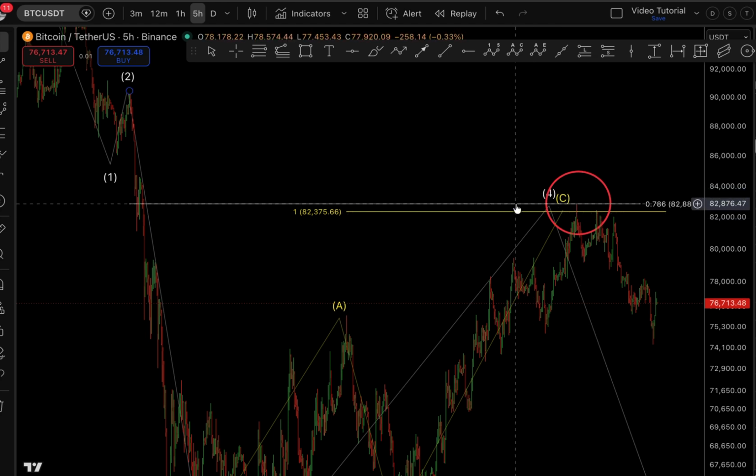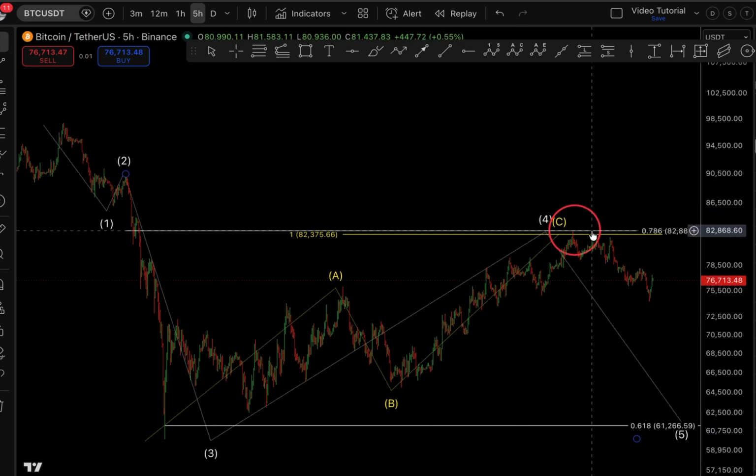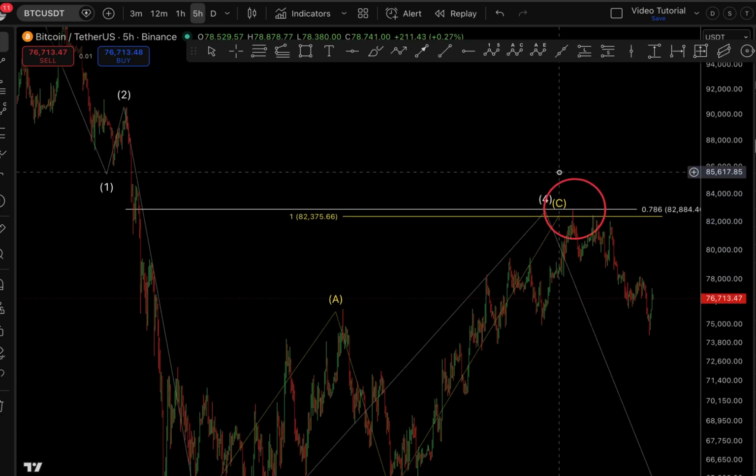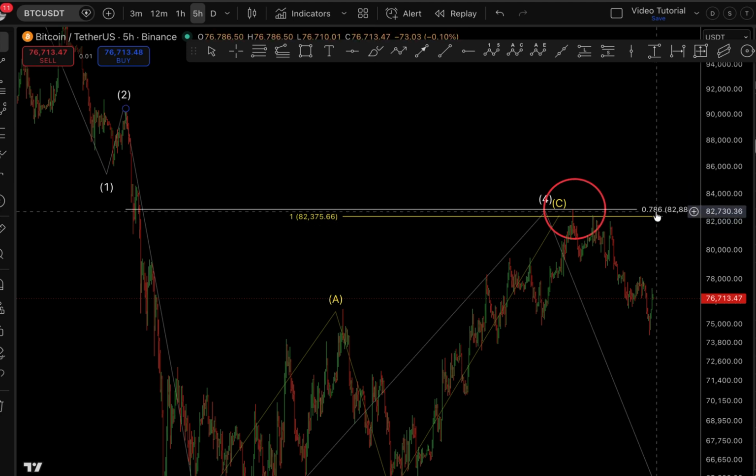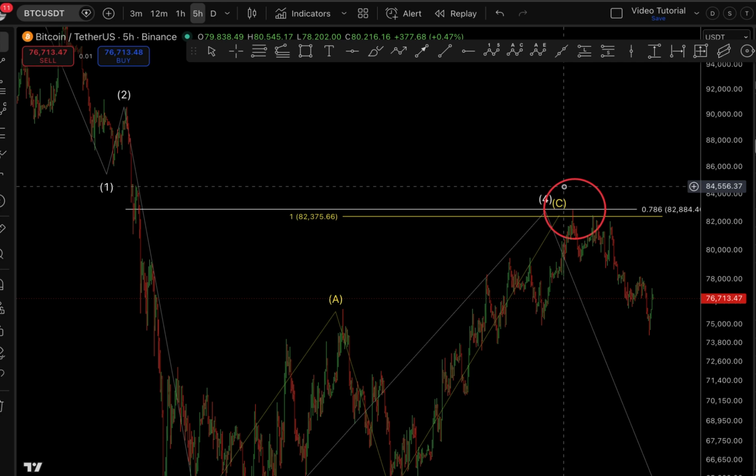On the same level, we also have people entering shorts, because this is an interesting level to short. It is wave 4, right? This is wave 4, and the highest point wave 4 can go is 0.786. If we would have gone higher than that point, it would not be wave 4 anymore.